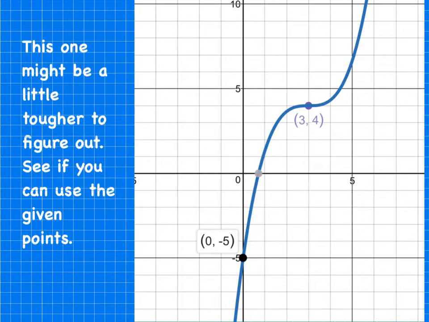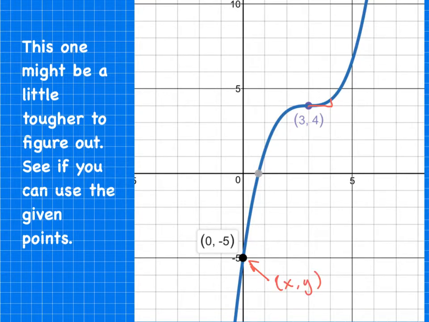This one, however, we have a new locator point of 3, 4, which is fine. From that locator point, if we go over 1 and we go up, we have obviously not a whole number. So we can hypothesize something for this, but we can also use this point down here as our x and y.